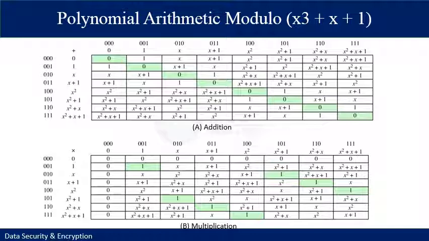So again, consider the set S of all polynomials of degree n minus 1 or less over the field Zp. So each polynomial is again defined as the summation over i from 0 to n minus 1 of a_i x^i.